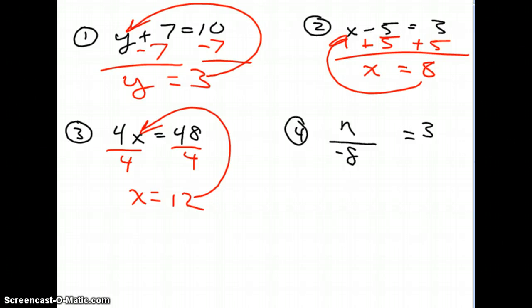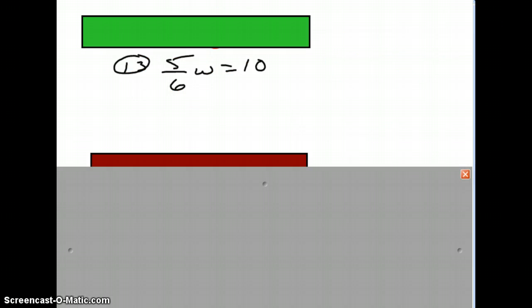And then finally, the last one, what will we do here? The operation is? Multiply by? Negative 8. And so we end up with 1n, right, equals negative 24. Good.